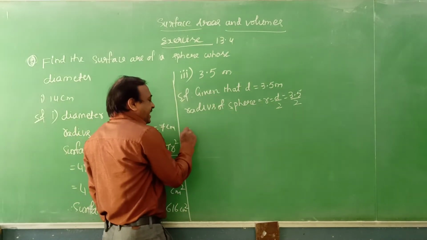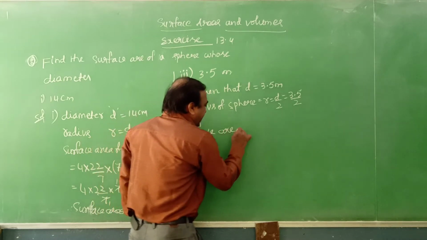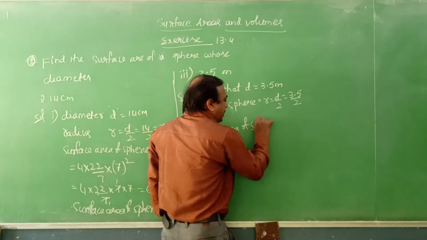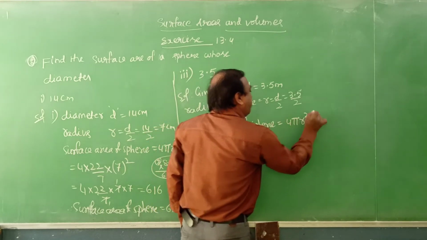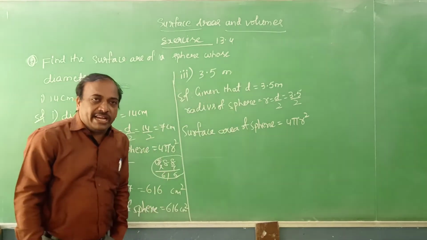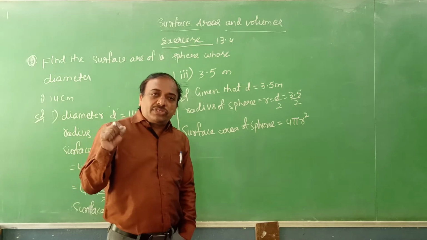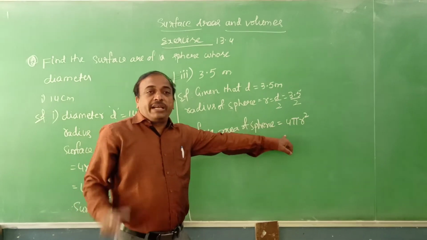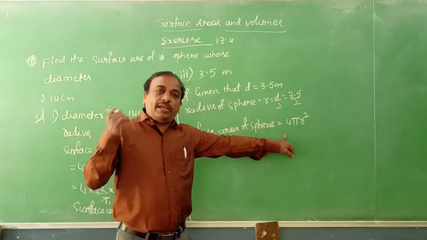Now, the surface area of a sphere. What is the formula? We know that it is 4 pi r square. You have to mention square units when you write the solution, because it is area, and we always measure area in square units.